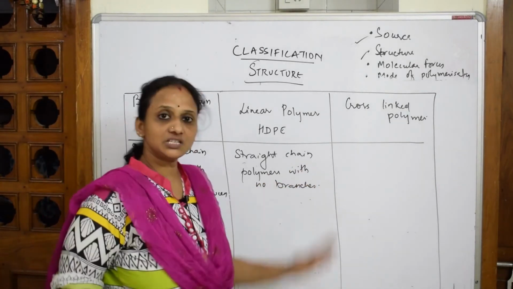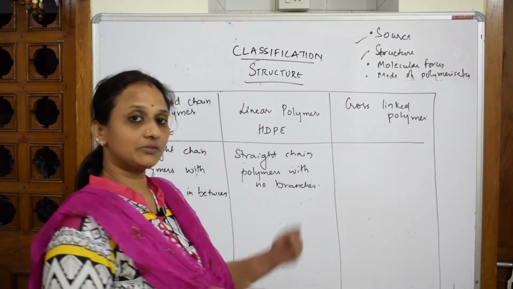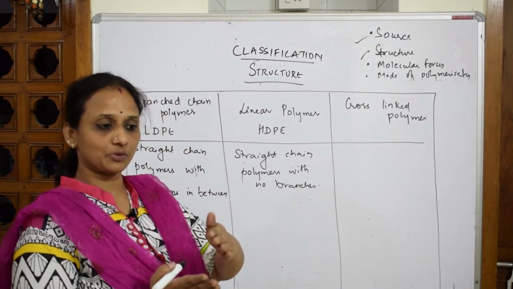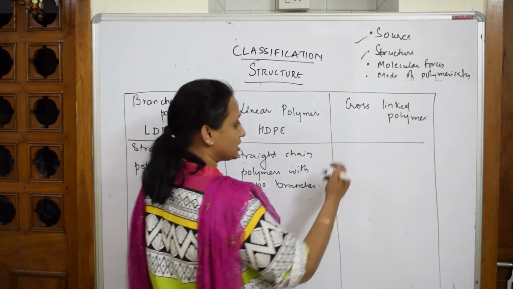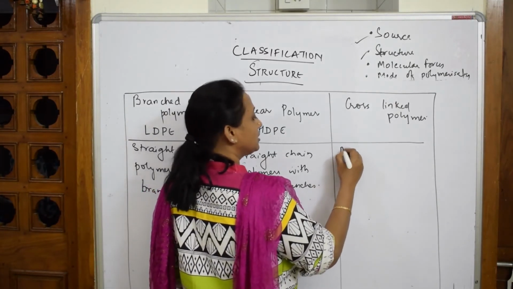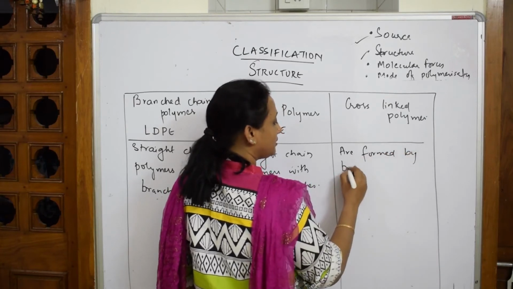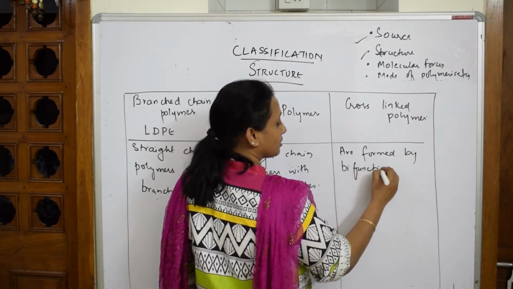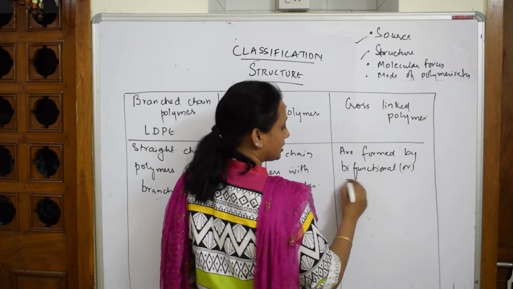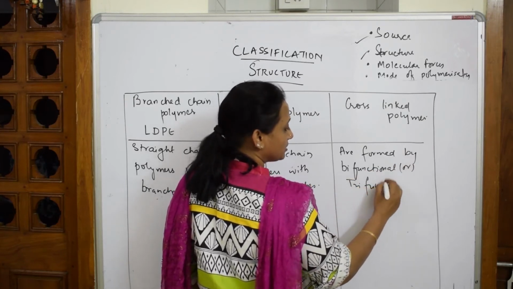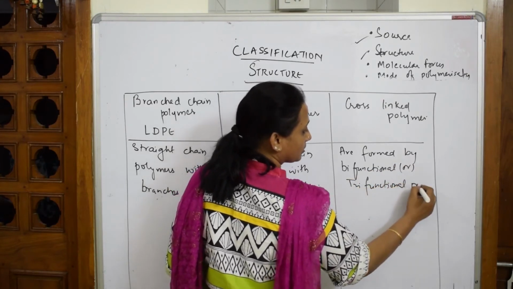Now, when I come to cross-linked polymers, they are formed by bifunctional and trifunctional polymers, one linked to the other. Let us draw; I'll show you that. Cross-linked polymers are formed by bifunctional or trifunctional polymers. Done.